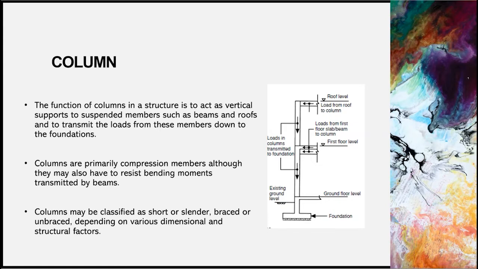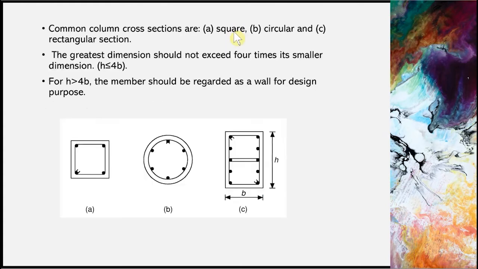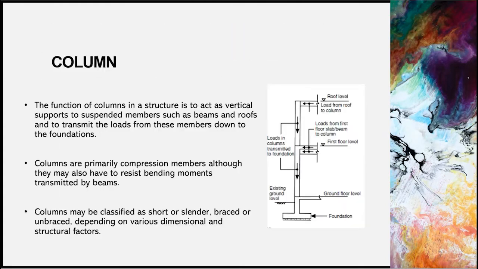Columns are primarily compression members, although they may also resist bending moment transmitted by beams. Column ni dia actually berdiri tegak like this. So mostly the loading yang come from above is basically axial load ataupun load jenis lain lah.